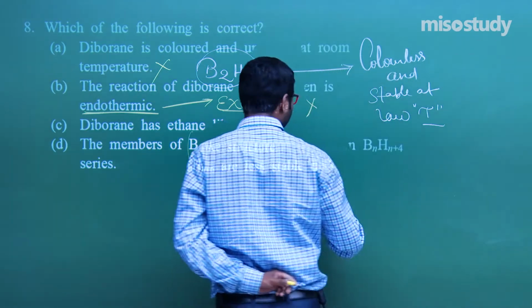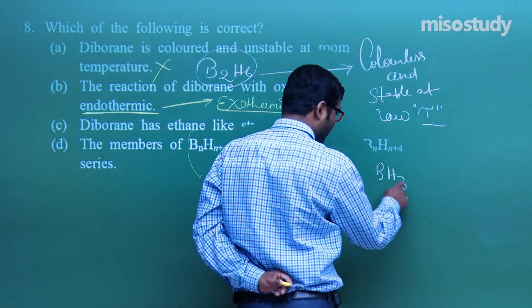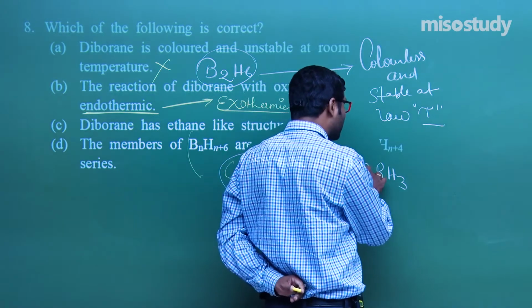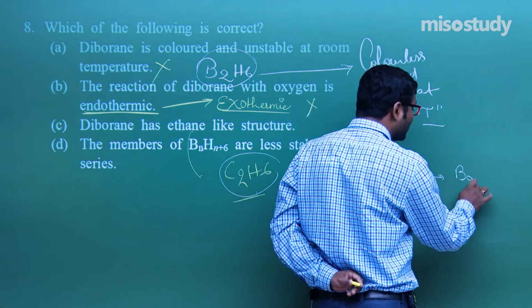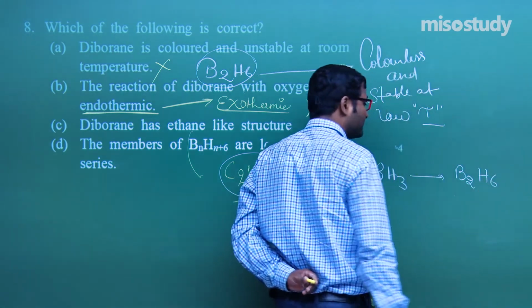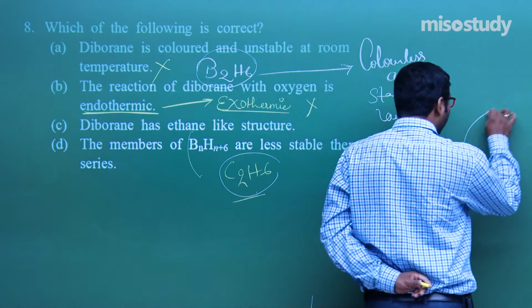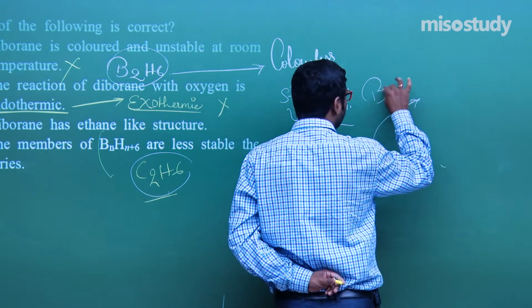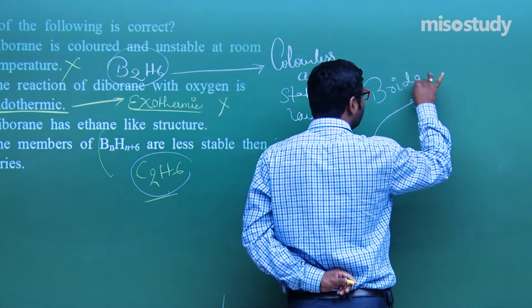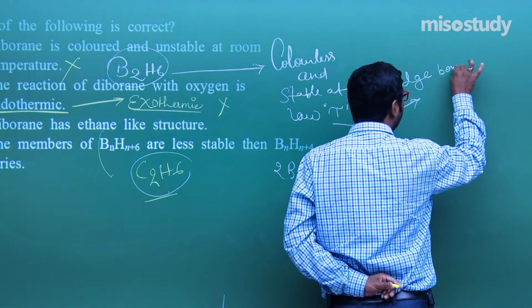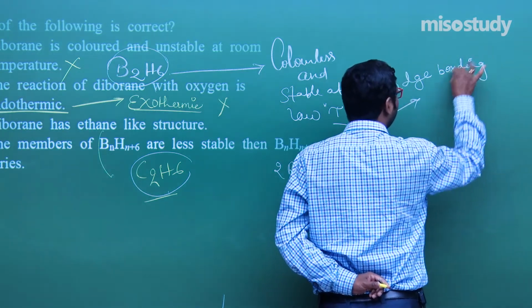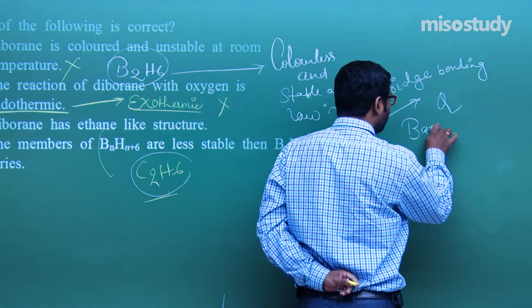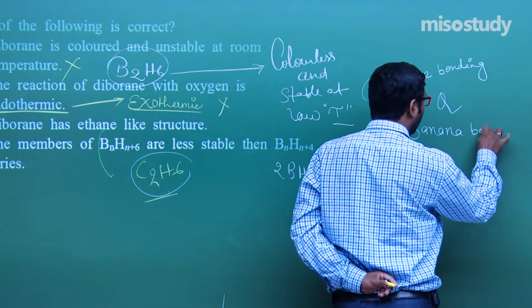B2H6 comes from BH3, because this is an electron deficient molecule and dimerizes, and dimerization gives you B2H6. This B2H6 has a special type of structure known as bridge bonding, or banana bonding.